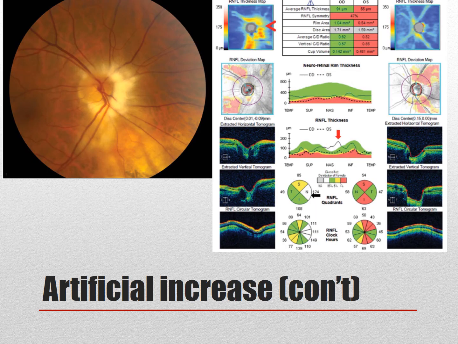Here, another example of artificial increase. Looking here at the fundus photo, just knowing the disease, I know this is a myelinated nerve fiber. It's around here, inferior nasal to the superior, wraps around there, and you can see that translate to the thickness map around here. Going to the deviation map, red disease.